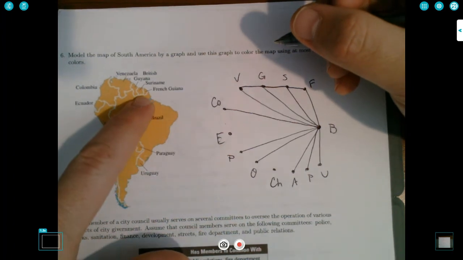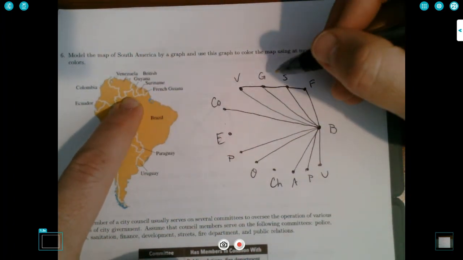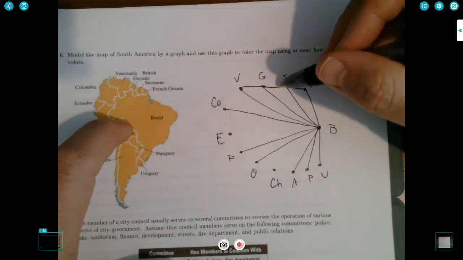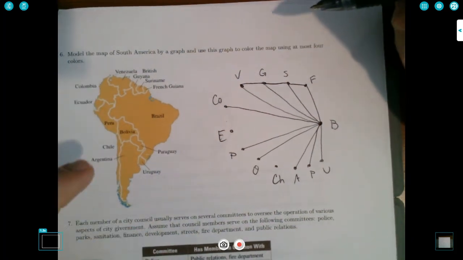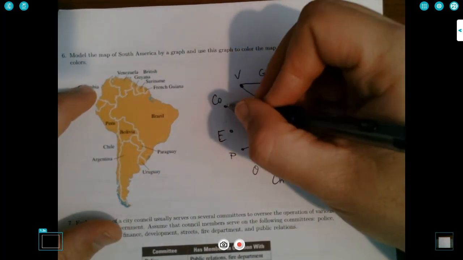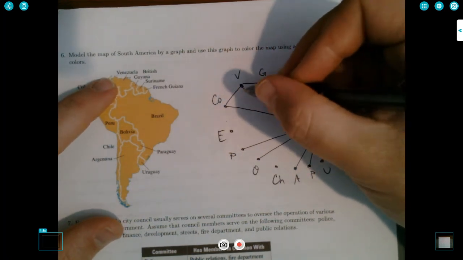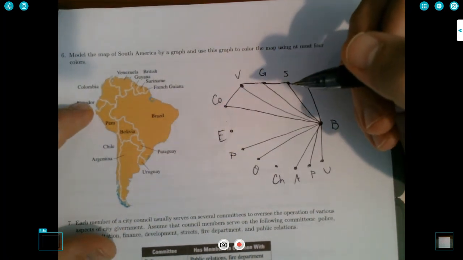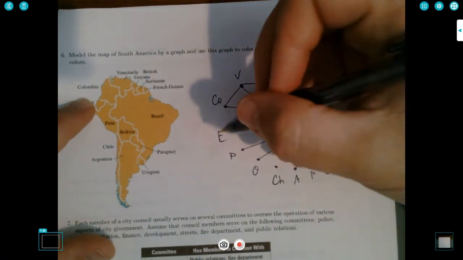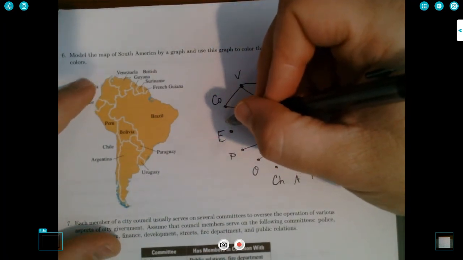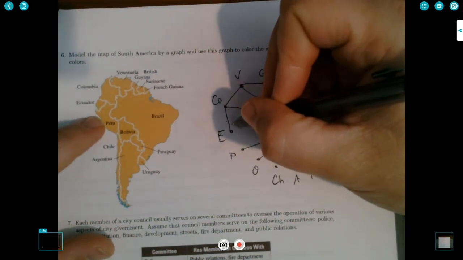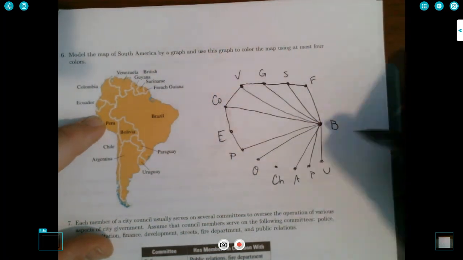Oh, and I guess I skipped over Suriname, which has a border with British Guiana and French Guiana and Brazil. So that one's good. Venezuela has a border with Colombia, British Guiana, and Brazil. Ecuador has a border with Colombia and Peru, but not with Brazil.